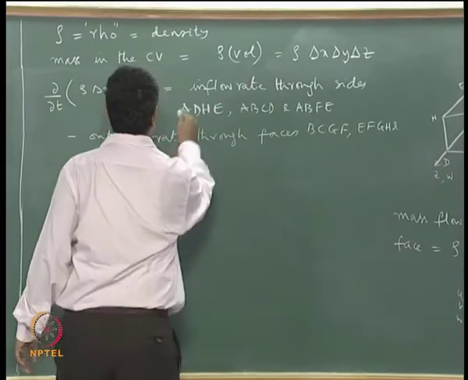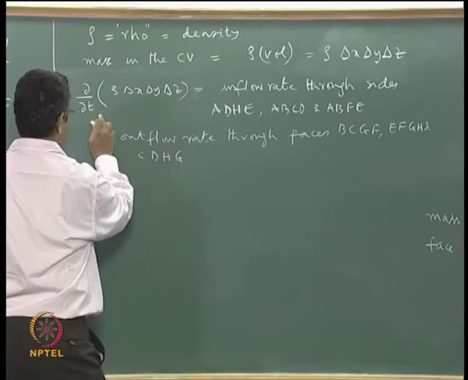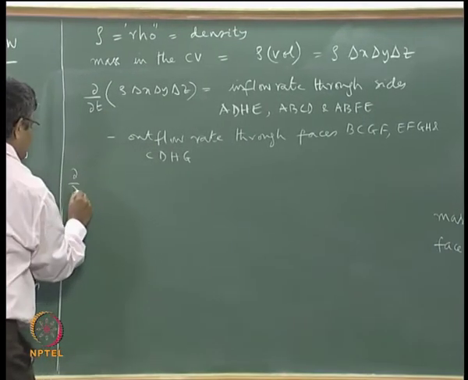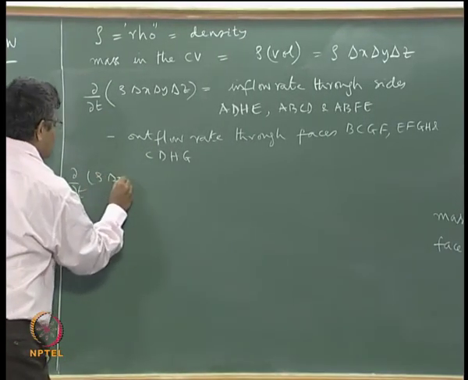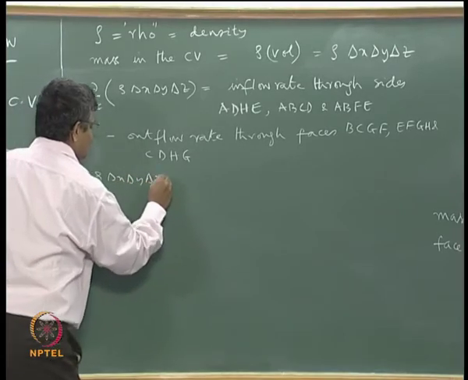Okay, so we can now evaluate these things. So this is the rate of accumulation of rho delta x delta y delta z.